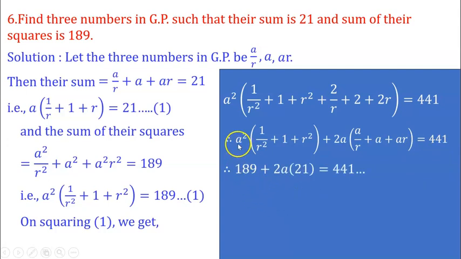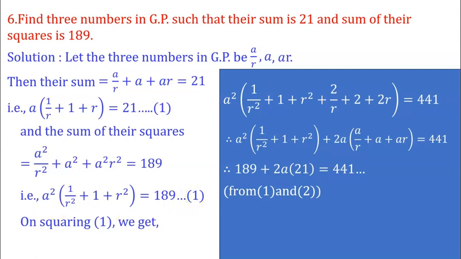Next, the value of a squared in bracket 1/r squared plus 1 plus r squared is 189. Next, 2a, again the value of a/r plus a plus ar, that is equal to 21, is equal to 441. This is from 1 and 2.